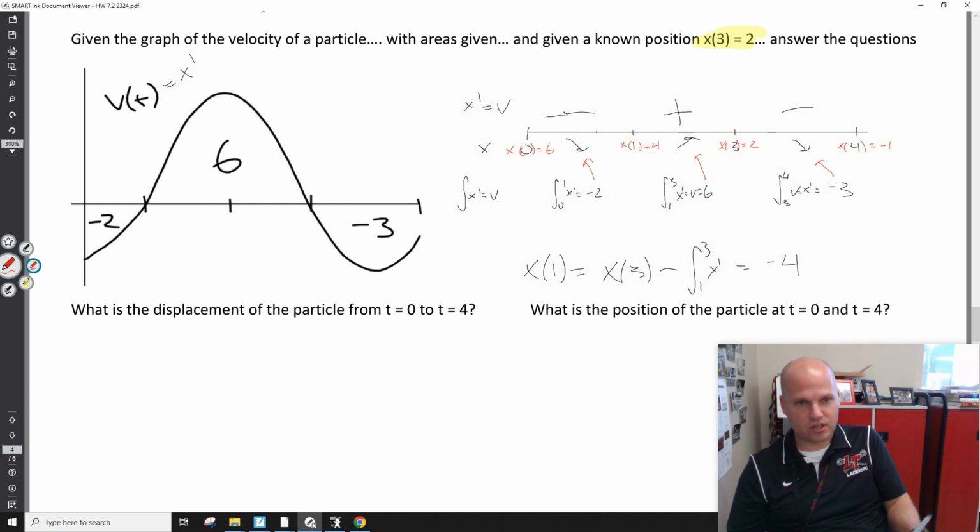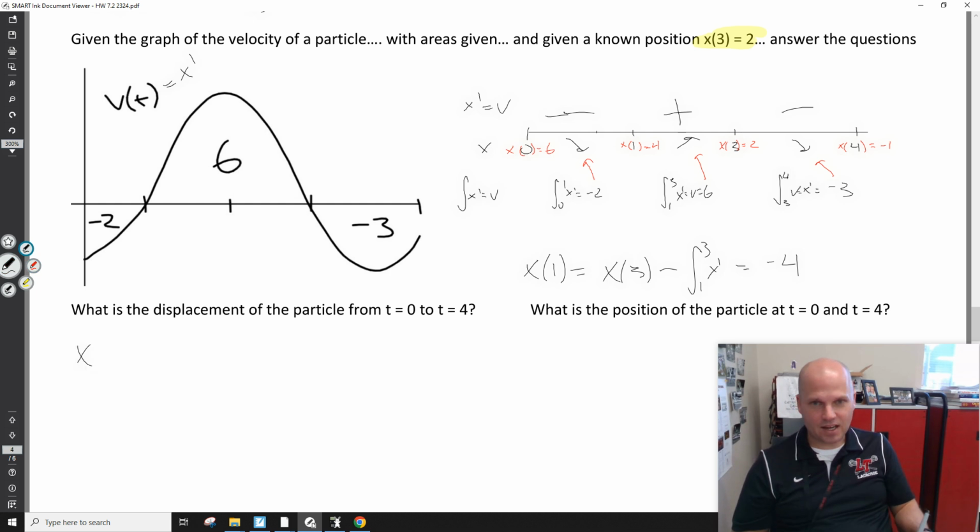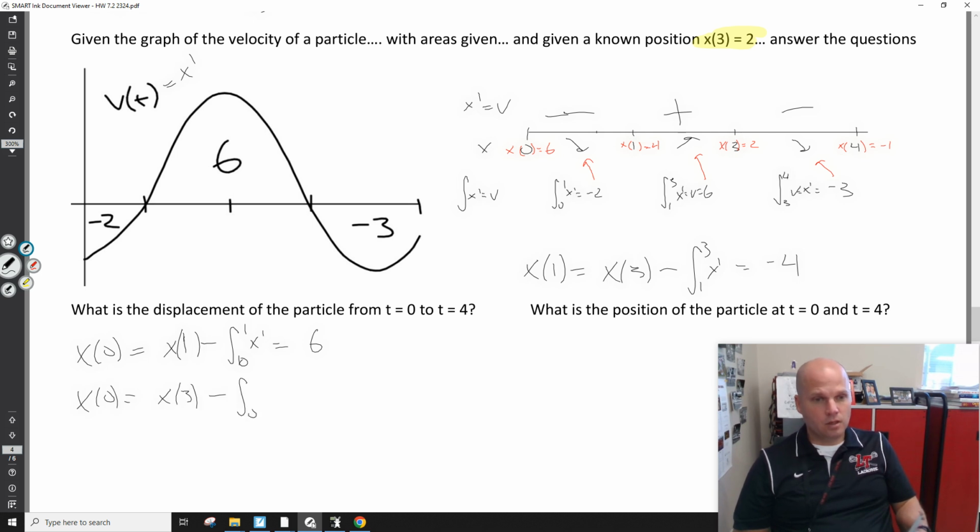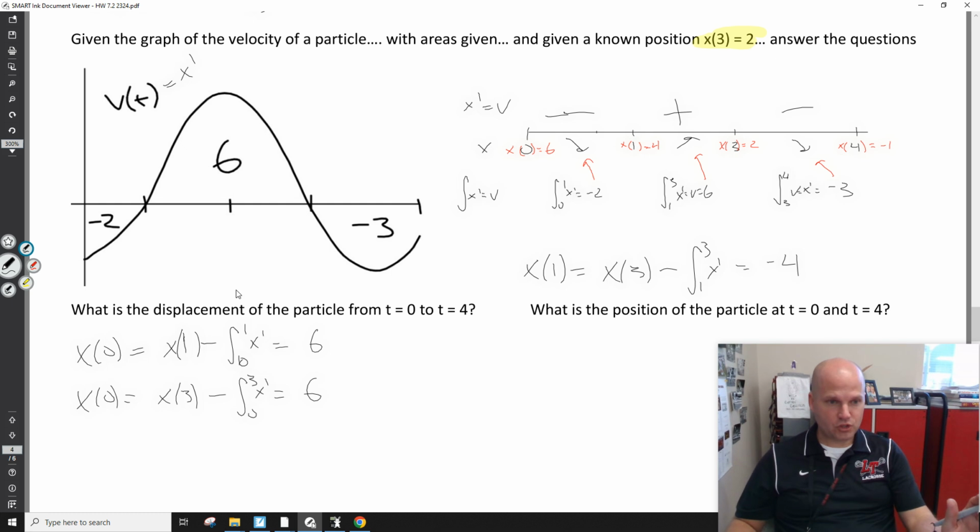Or what is the calculation shown from that? X of 0 equals x of 1 minus the integral from 0 to 1 of x prime. And that's going to be 6. You could say x of 0 equals x of 3 minus the accumulation from 0 to 3 of the derivative. That would be 2 minus 6 plus 2.